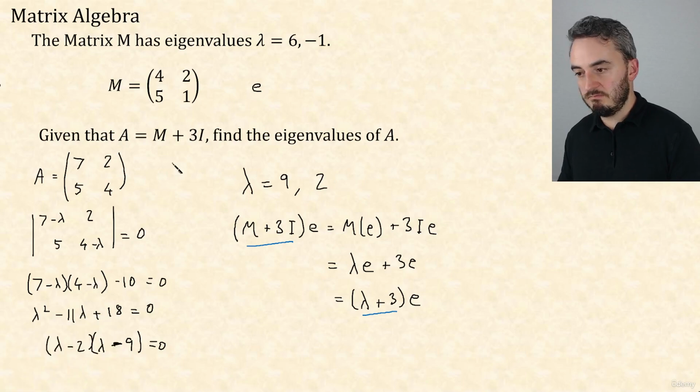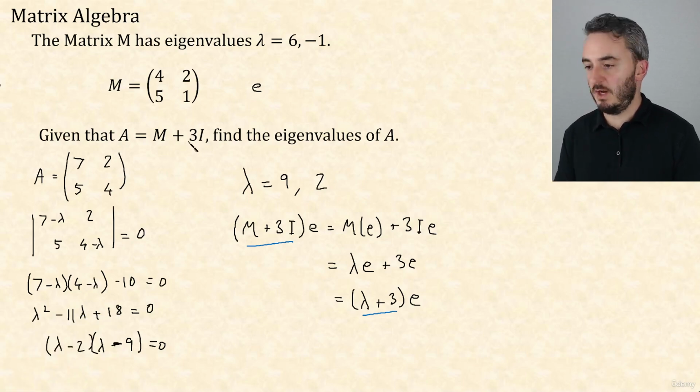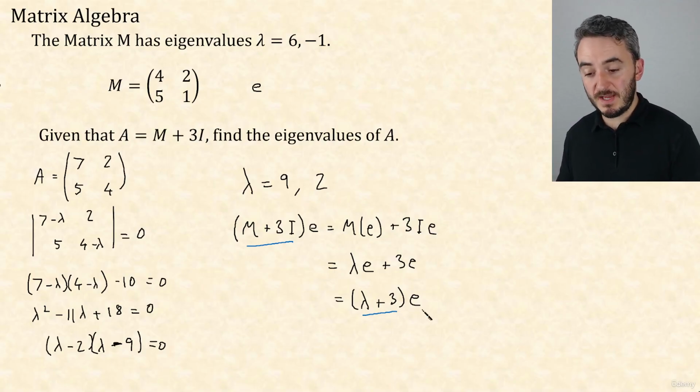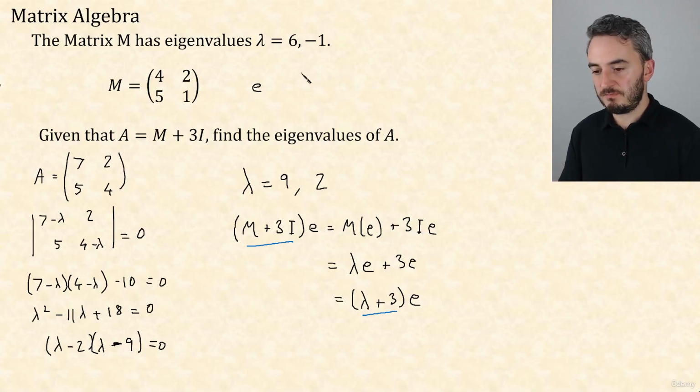It tells me that if I take a matrix and add any amount of the identity, the resulting matrix will have the same eigenvector, but its eigenvalues will just be 3 bigger. So that is why the eigenvalues of this matrix were 3 bigger than the eigenvalues up here, but it will actually share the same eigenvectors.